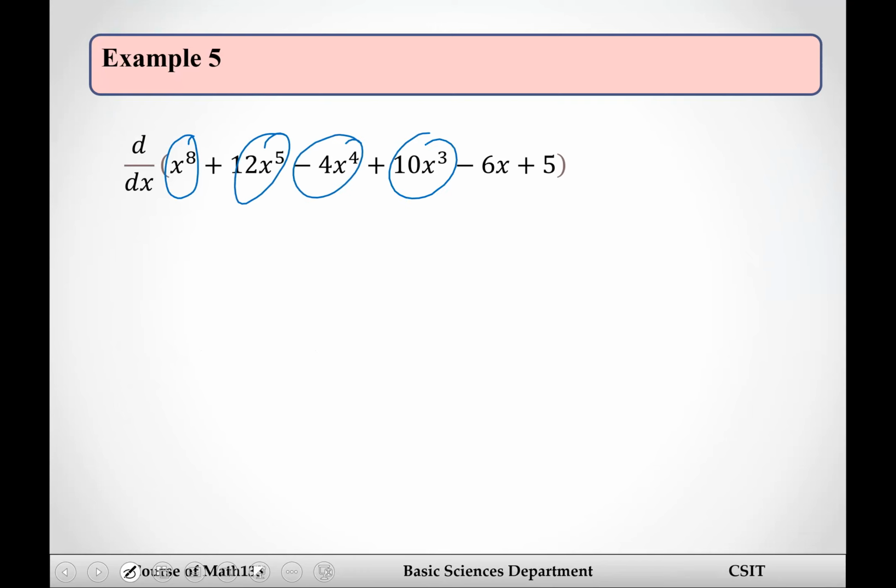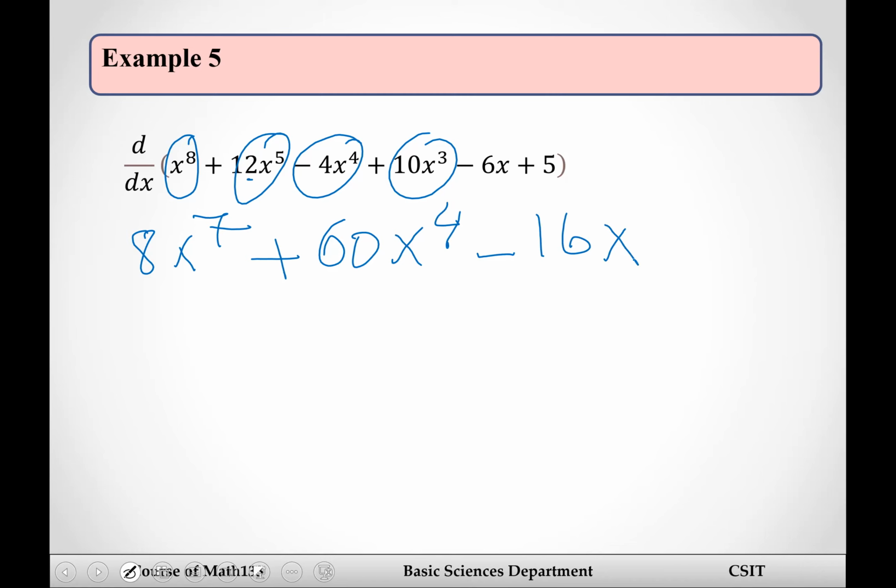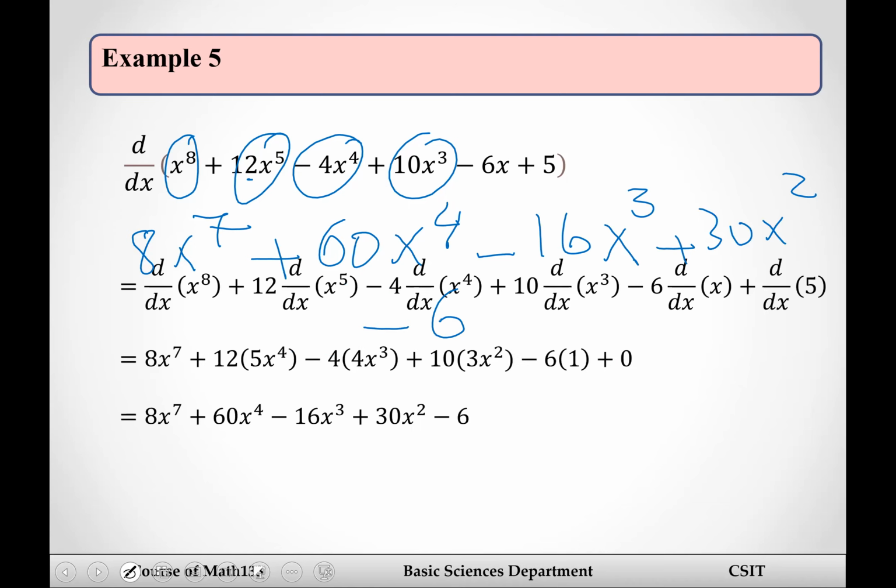The derivative of this will be 8x^7 plus 12 times 5, that's 60, x^(5-1), that's x^4. Then minus 4 times 4, that's minus 16, x^(4-1), that's x^3. And then you continue, 10 times 3, 30, x^2, and then minus 6, and the derivative of 5 is 0. So that's the answer.